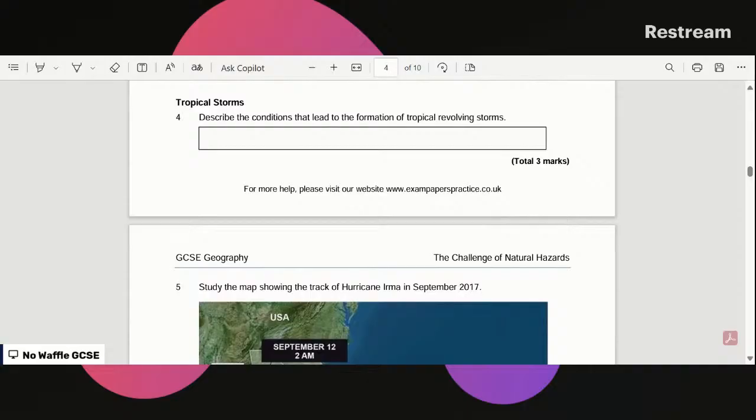It needs to be at latitude between 5 degrees north and south of the equator. Or you can say it needs to be in areas where there is a lot of wind so that the spin can develop, and any of those sorts of answers would be completely fine because there's only one marker there. So just asking you to kind of blurt something out.